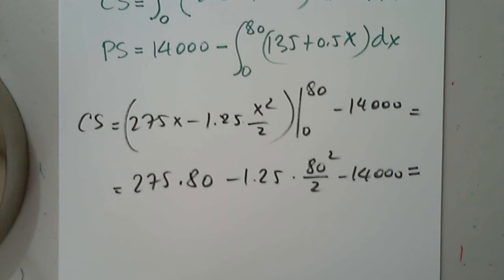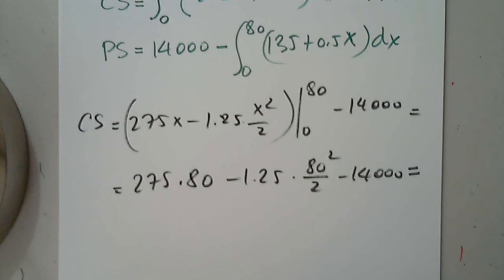So we can put it in as 275, because the numbers are not that difficult to work with, minus 1.25 times 6,400, which is 80 squared.